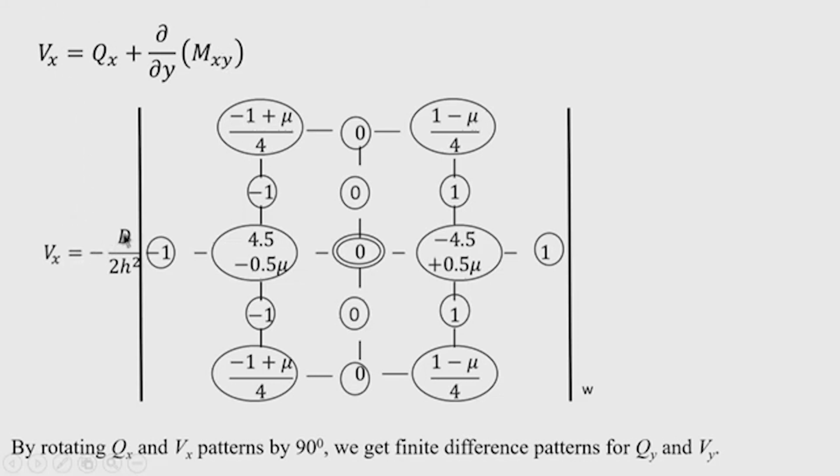So, the S shear force expression is this, the stencil is like that. In the horizontal line along the center you are getting center value 0, towards the right hand side you are getting minus 4.5 plus 0.5 mu, mu is the Poisson ratio, and then you are getting 1, then towards the left hand side you are getting 4.5 minus 4.5, then minus 1. Here also you are getting this antisymmetric pattern, very clearly observed.